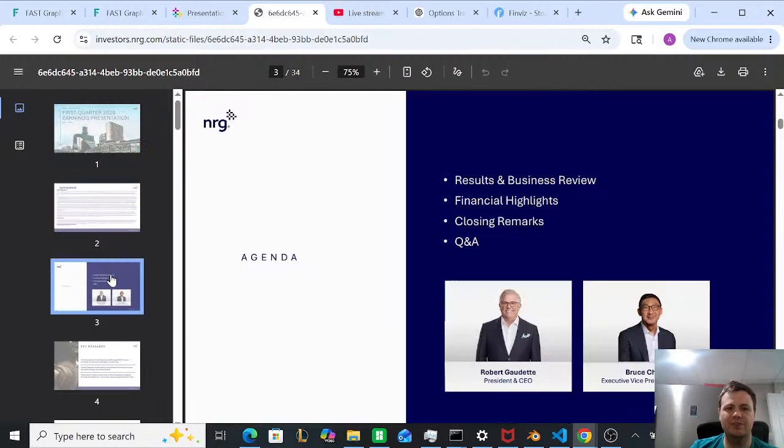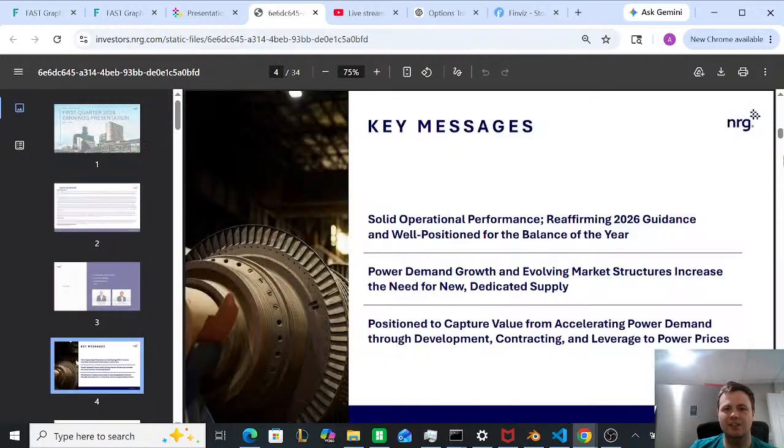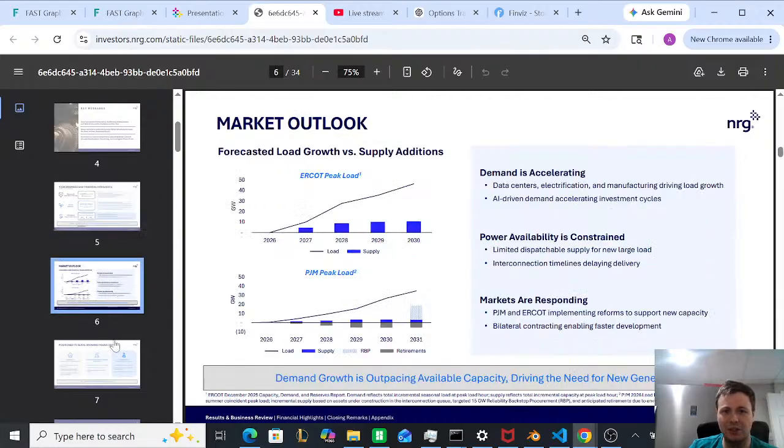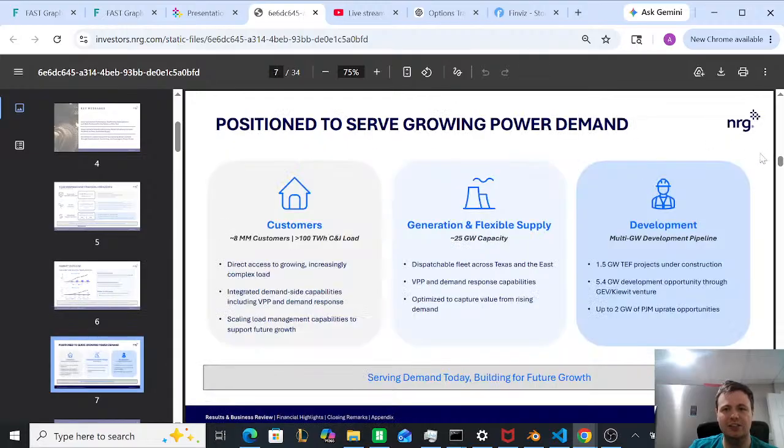What do they do? From here we can see that they're located in Texas. Smart home customer count, I mean, this still isn't telling us much of what they do. Peak load gives me a sense that it's electricity generation. We've got data centers, electrification, and manufacturing driving electrical load growth. So there are a lot of tailwinds for electrical power.